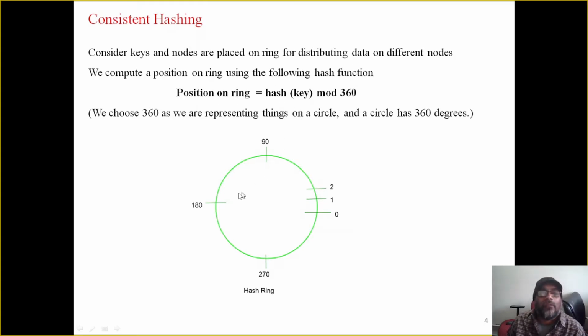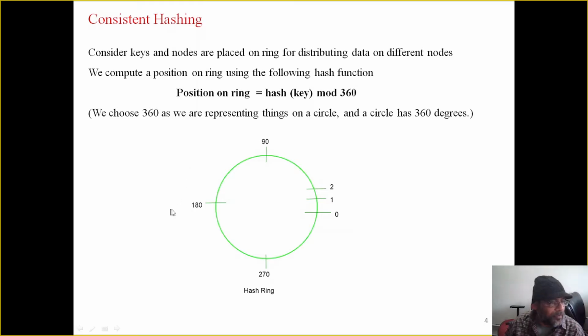Okay, so on this ring, because it is circle shaped, we can also imagine it in the form of 360 degrees from the center. So if we have to identify any position on this circumference of the ring, one way is in terms of angle: 0 degree, 1 degree, 2 degree, 90, 180, 270, like that.